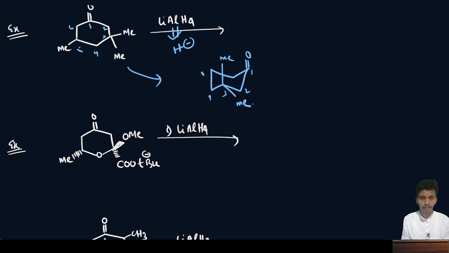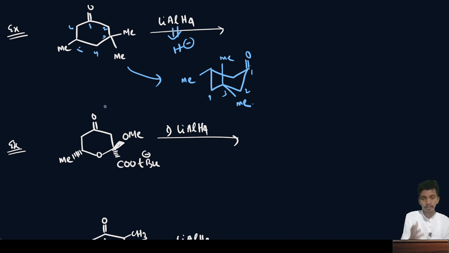At 5 also we have a methyl group. Here stereochemistry is not mentioned, so if stereochemistry is not mentioned, I will always try to place a bulky group in equatorial positions, so that there will be no 1,3-diaxial interactions. But we see that on the three carbon centers we have the 2 methyls. In one carbon there are only 2 chances, either it is axial or equatorial.